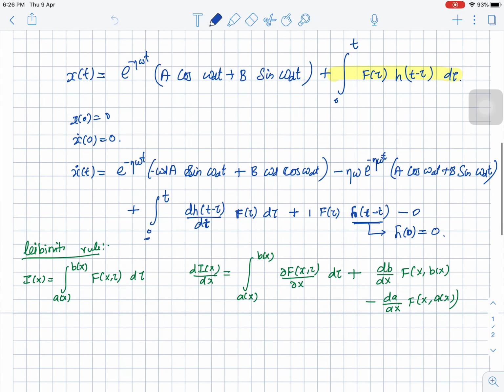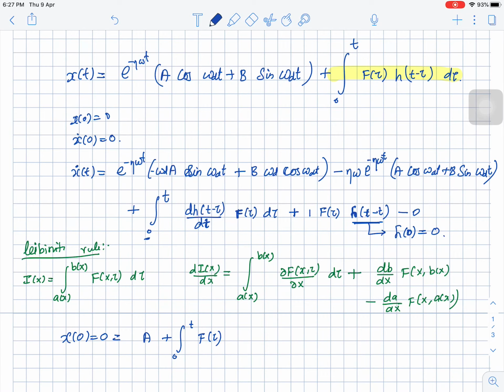Now we substitute the boundary condition. So this leads to a plus the integral 0 to t of f of tau into h of 0.